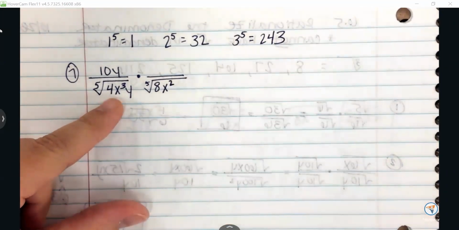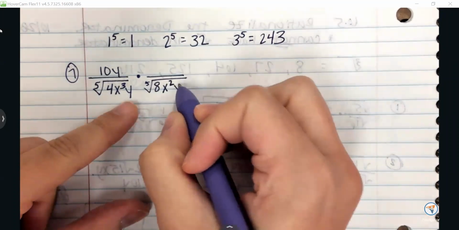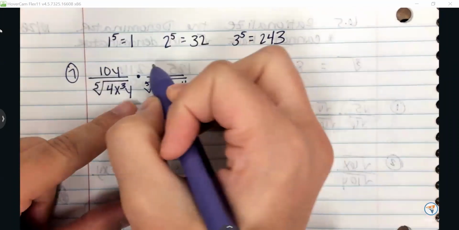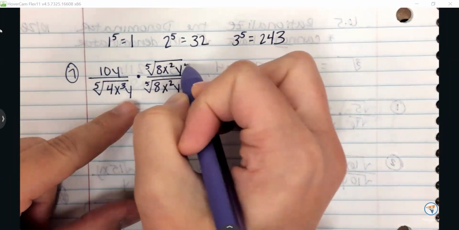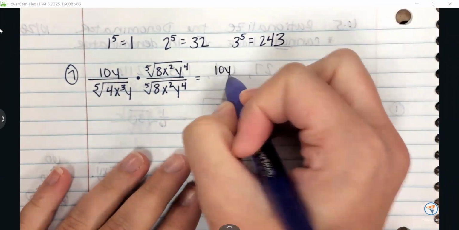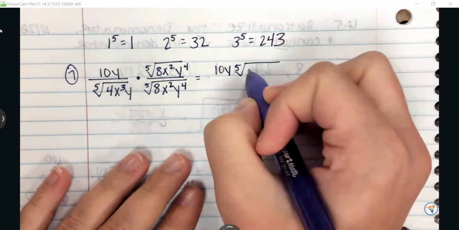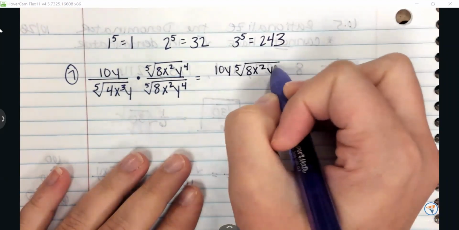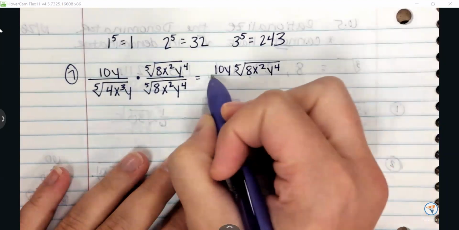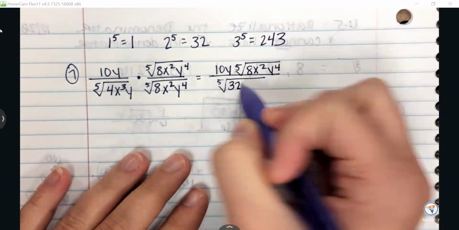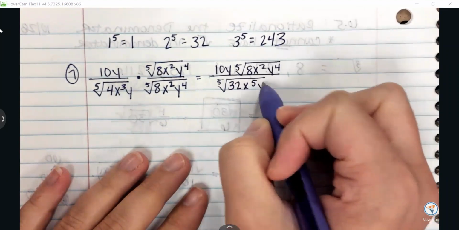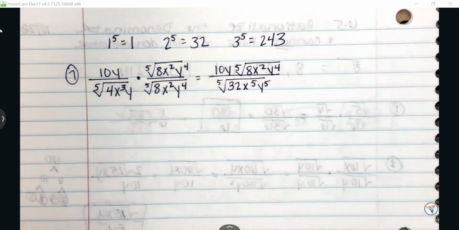X squared and y to the fourth. So I'm going to have to do the same thing on top. Right? So now when I write this, I have 10y, fifth root of 8x squared, y to the fourth, all over the fifth root of 32, x to the fifth, y to the fifth.